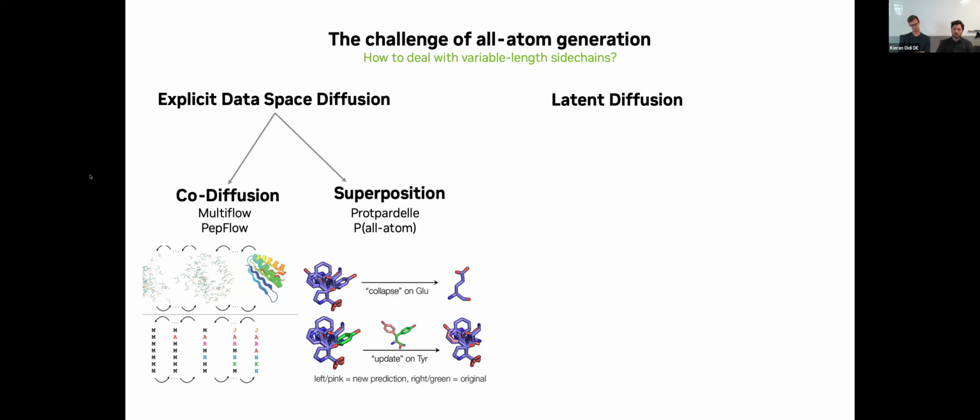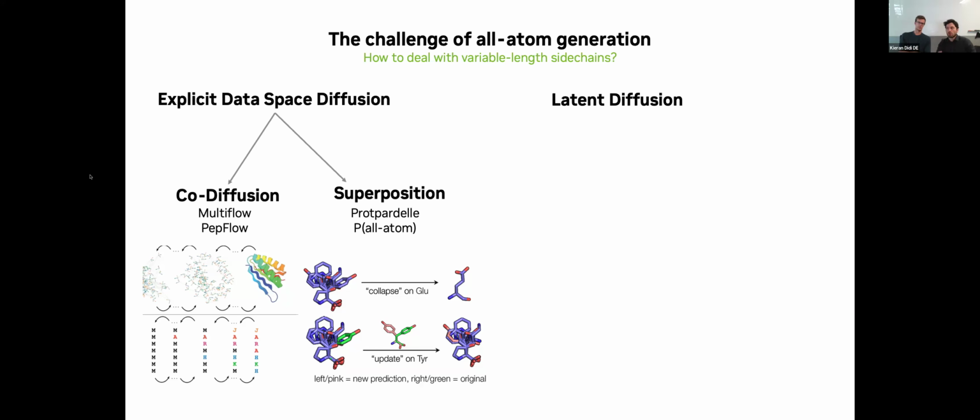Then on the other hand, we have what we call the superposition models, such as Protpardelle and Proteus, which rely on a representation that can somewhat model all of the side chains together. For instance, one of them, which is a pretty strong method, uses the atom14 representation. So with this atom14, you can actually represent any residue type, because any residue type has at most 14 atoms in total, right?